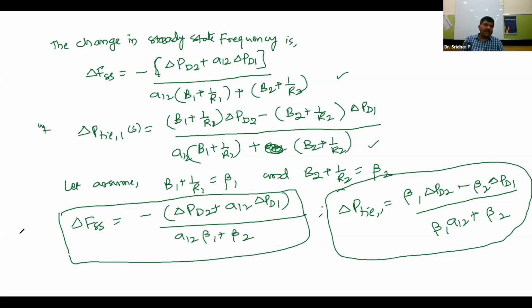Now what is this A12? A12 is the area 1 capacity divided by area 2 capacity. That's the same thing we defined at the beginning of the two area control system. If the two areas are the same, the capacities will be the same, and A12 may be equal to 1. Now you can take some approximation.